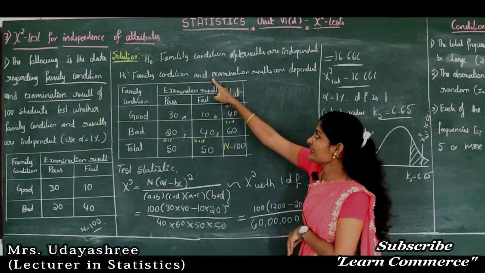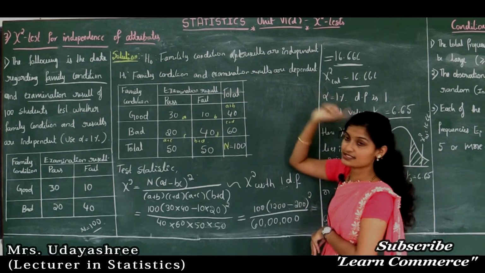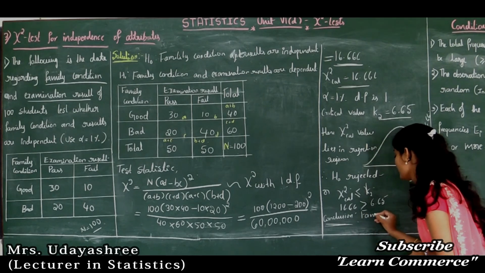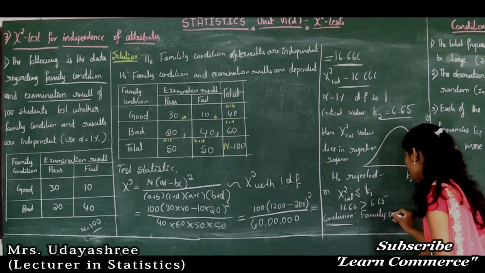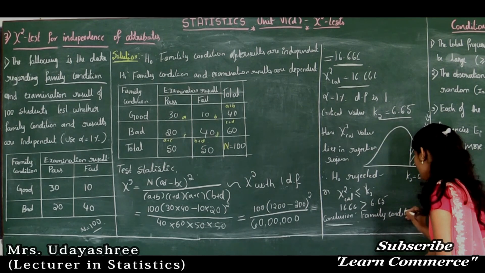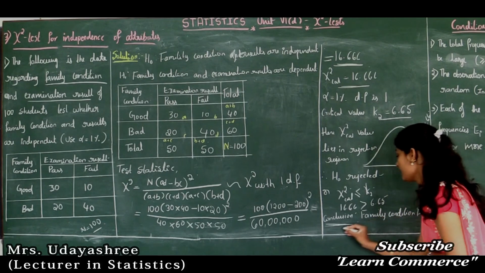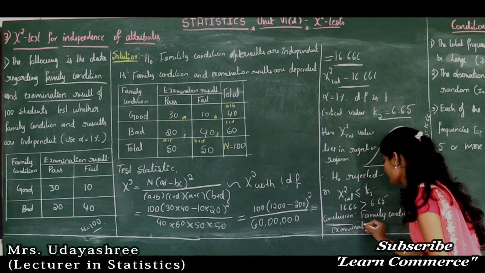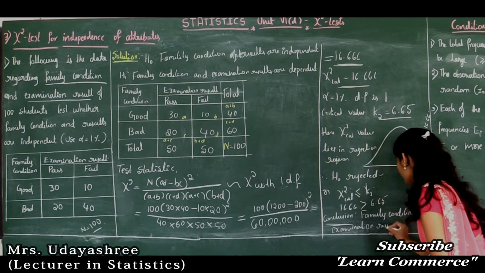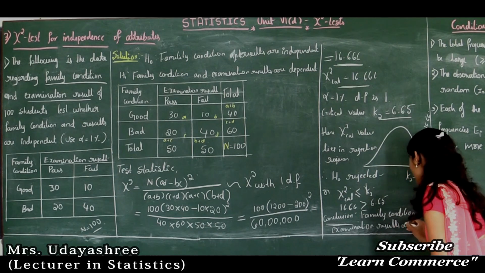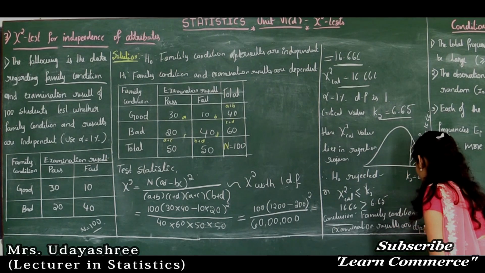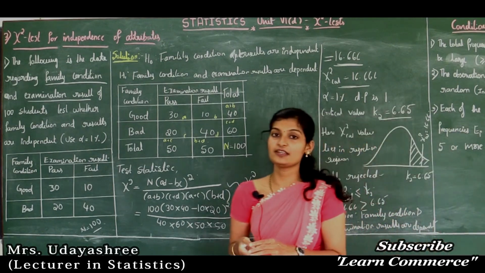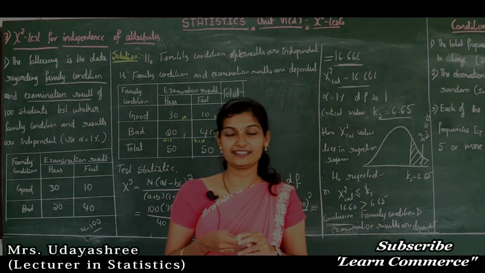The conclusion is that family condition and examination results are dependent. Or we can say family condition and examination results are not independent.